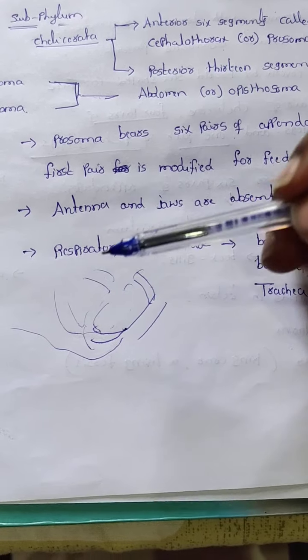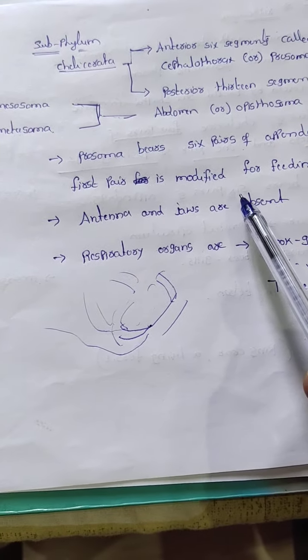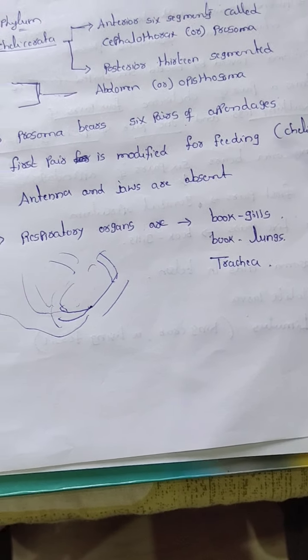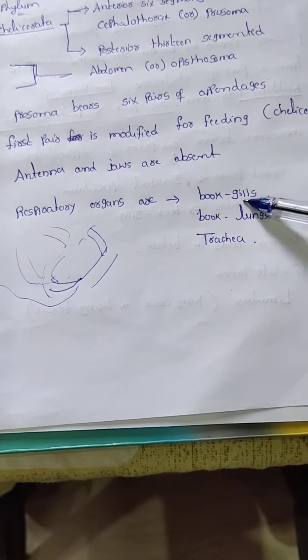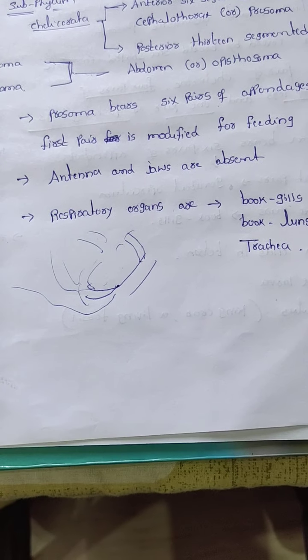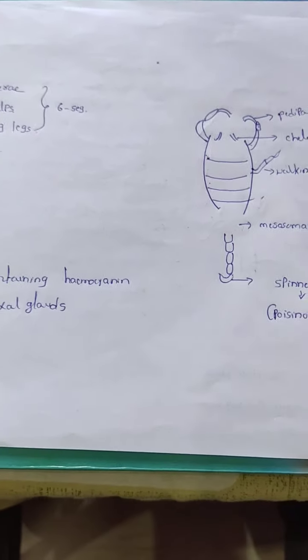That is called an antenna. For Chelicerata organisms, antenna and jaw are absent. I already said last class, for respiratory organs they have either book gills, book lungs, or trachea.